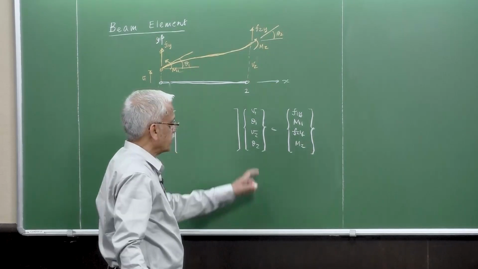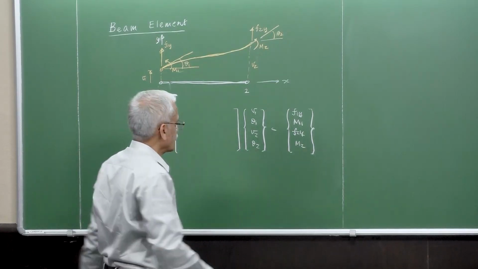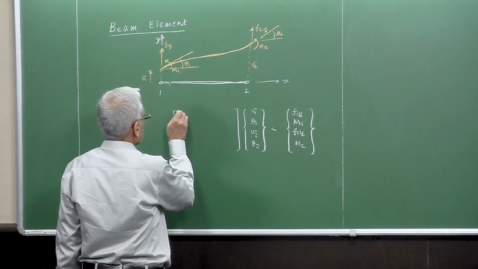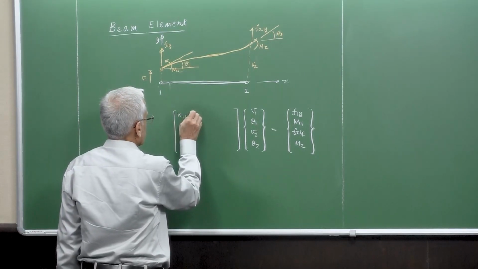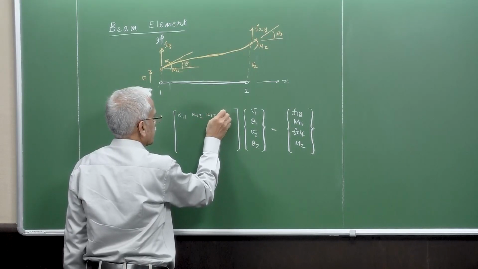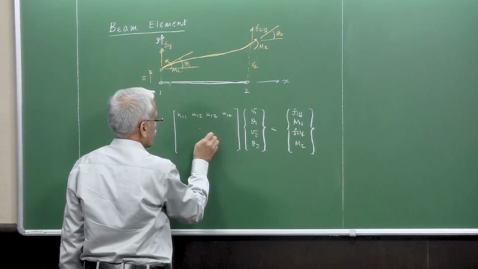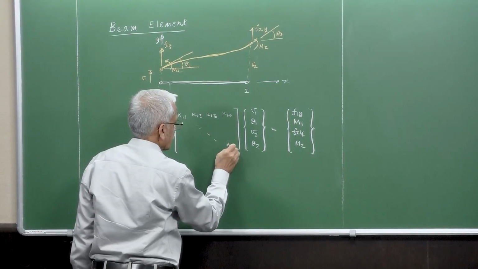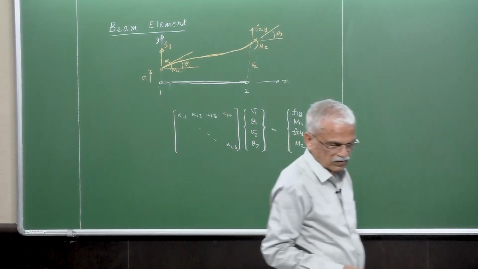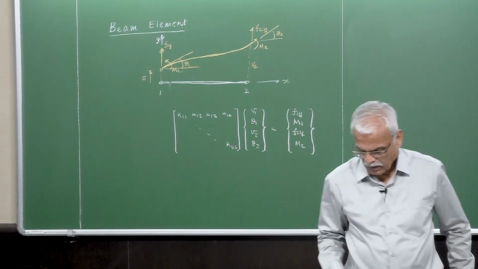So these are the displacements and the forces. So this is the K here: K11, K12, K13, K14, like this, down to K44. Okay, so this is how we write it down.